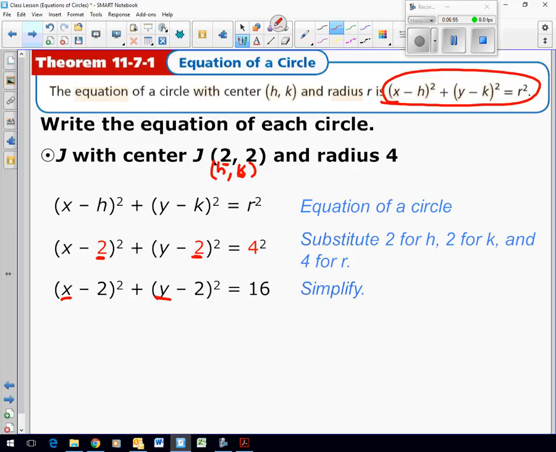So guys, this is called standard form or standard equation of a circle. This is how you're going to see it written, with X and Y as part of your answer. Most of the time, you're going to be given the center, you plug the center in for H and K, you leave X and Y in your answer.